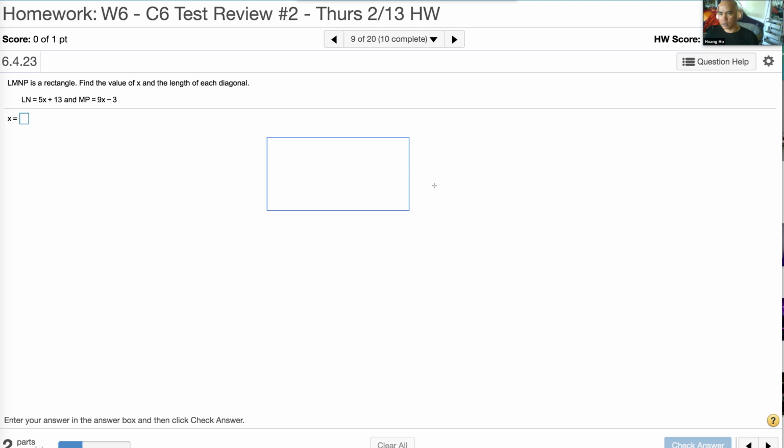So they give it to you right here, LMNP. So let's connect the diagonals. LN and MP have to be congruent, so I just set them equal to each other.